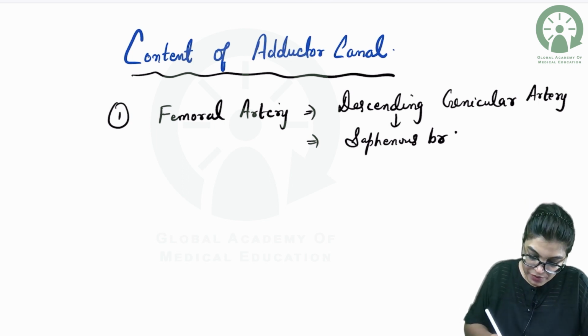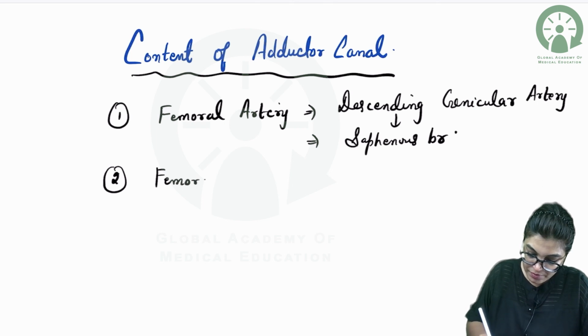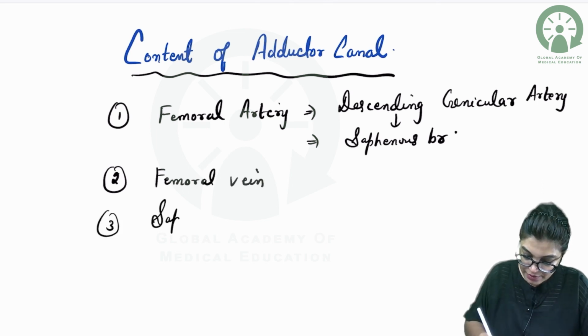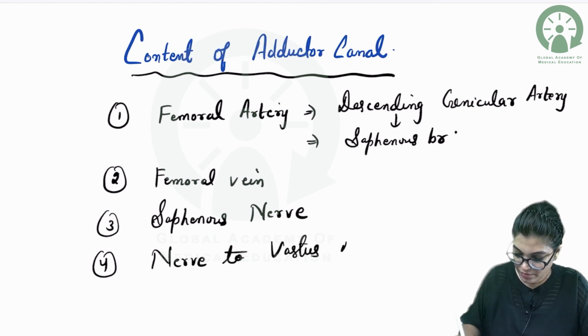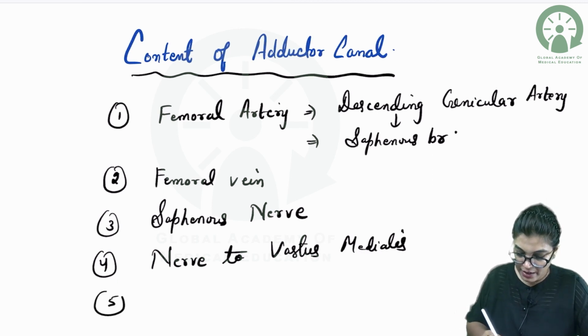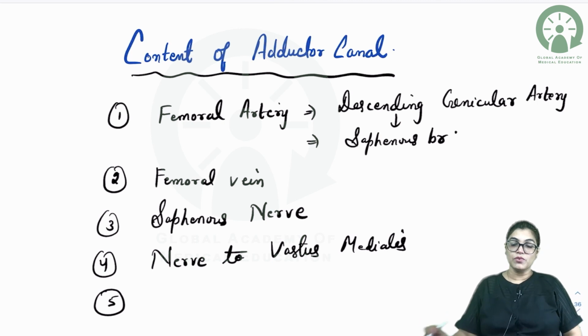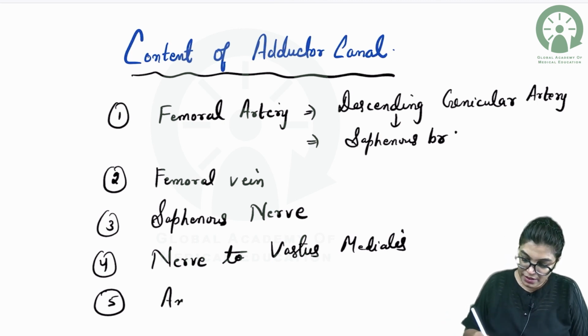The other contents are the femoral vein, the saphenous nerve, the nerve to vastus medialis, and the anterior and posterior division of obturator nerve.